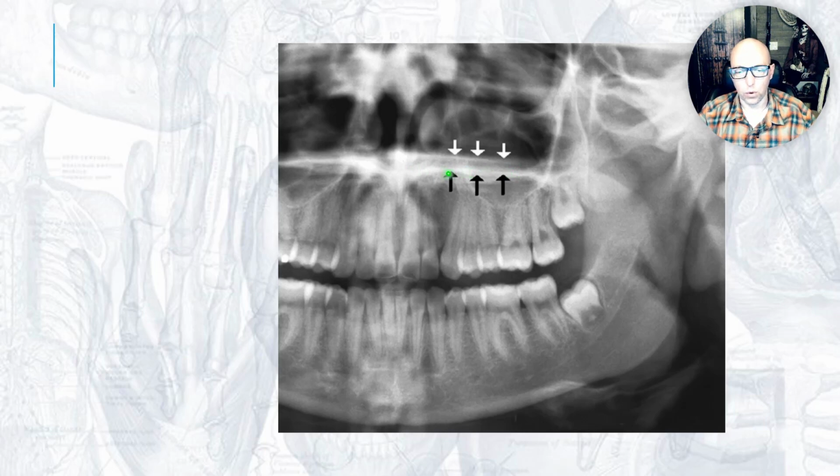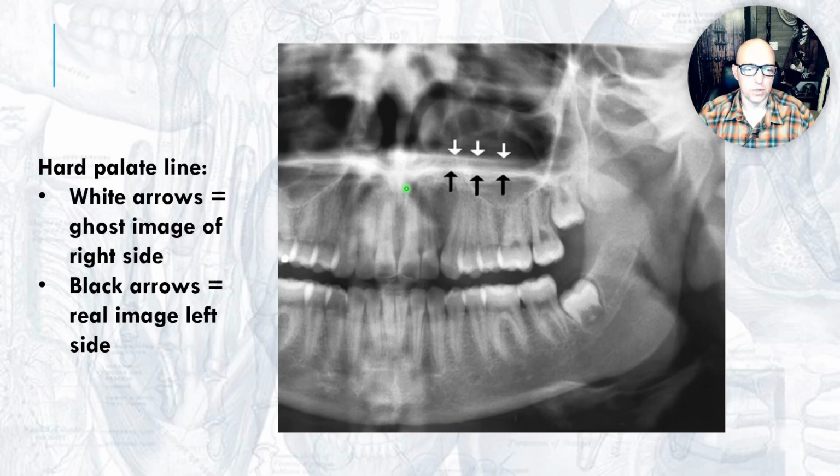You think of the floor of the nasal cavity, it comes back here. The floor of the nasal cavity and the hard palate are basically the same bone. We said ghosts float. And so the white one, the superior one, is the ghost from the opposite side. So you get it running tangential both to the left and right side, and you get this corticated appearance. It's a little bit blurred, a little bit stretched out, more stretched out horizontally, and it's a horizontal line, so that's why it looks as clear as it does.